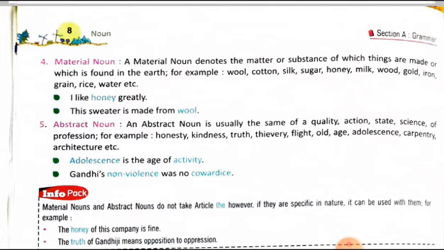You just feel this kind of noun. Honesty, you cannot see honesty, you cannot touch honesty, but it can be felt. So like kindness, truth, etc. It tells us about some action, state of mind, etc.